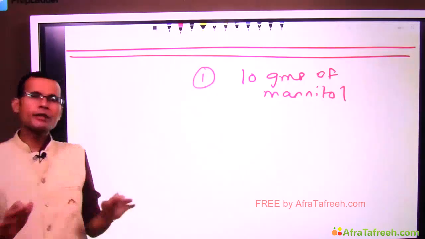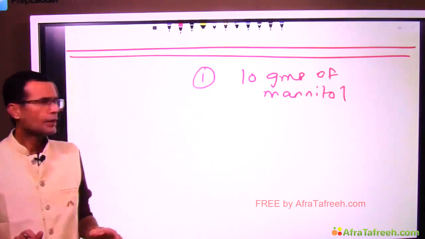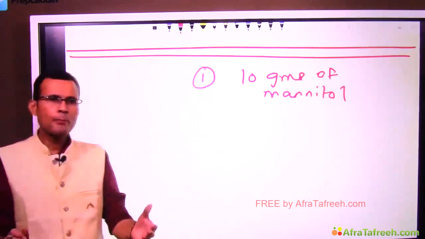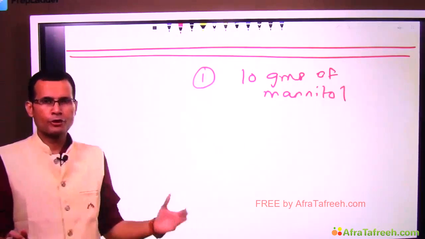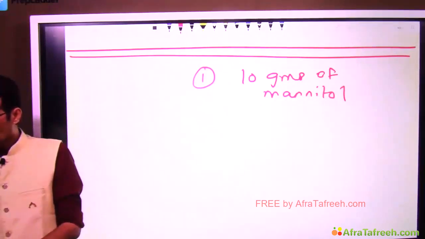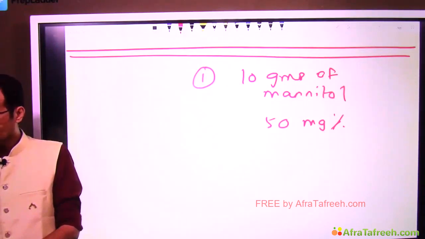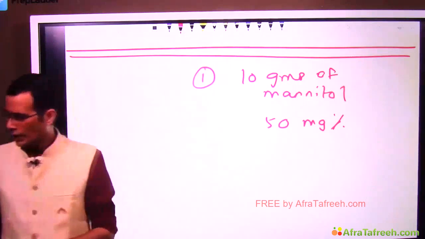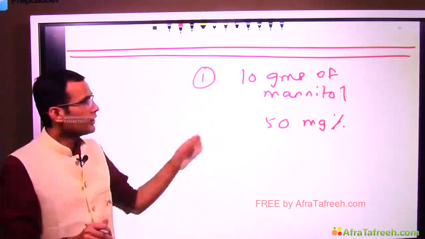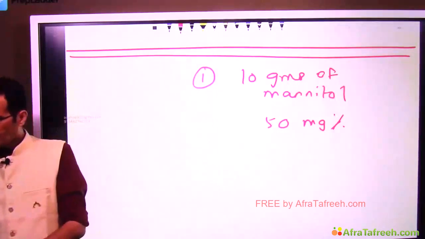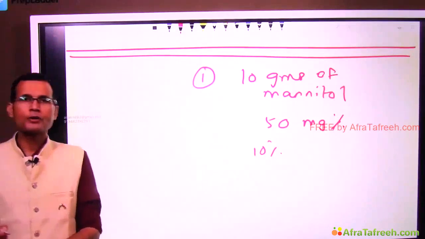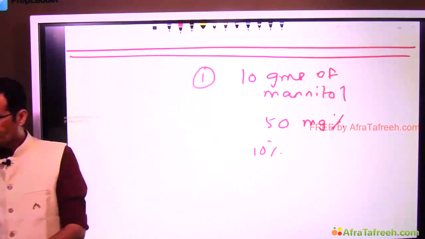It got uniformly dispersed into the ECF, and then when the sample was collected, the concentration of mannitol was found to be 50 milligram %. And from the initial injection, 10% of the mannitol was lost out of the body.